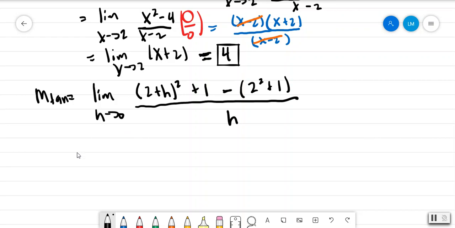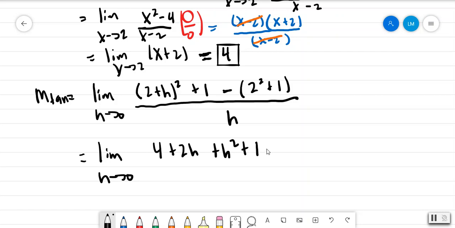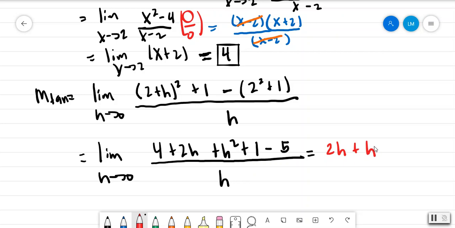Now here's where it gets a little bit more complicated, because now you have the limit as h approaches 0 of 4 plus 4h plus h squared plus 1, minus 5, and all of this is divided by h. When we simplify this, it works out nicely, because you end up with 4h plus h squared all divided by h.